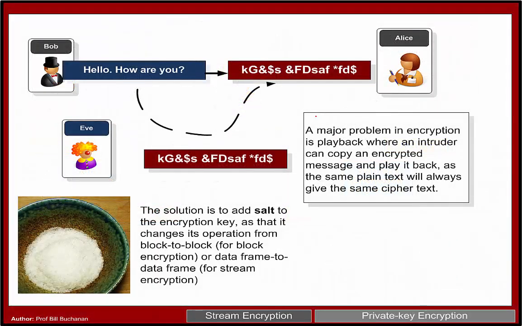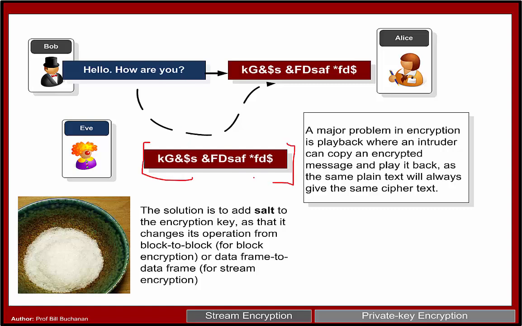Another problem that we have really, if we just take our text and convert it to ciphertext, then if the algorithm produces the same ciphertext each time, then Eve can actually just play back the ciphertext to Alice.